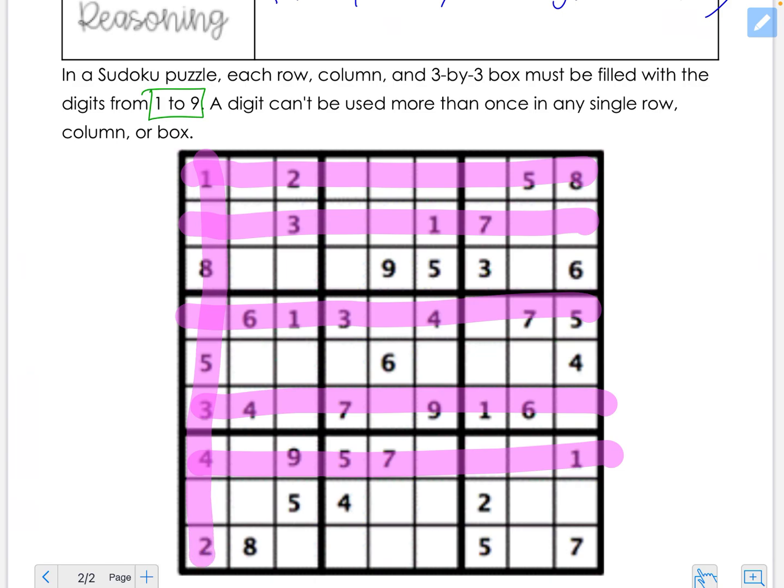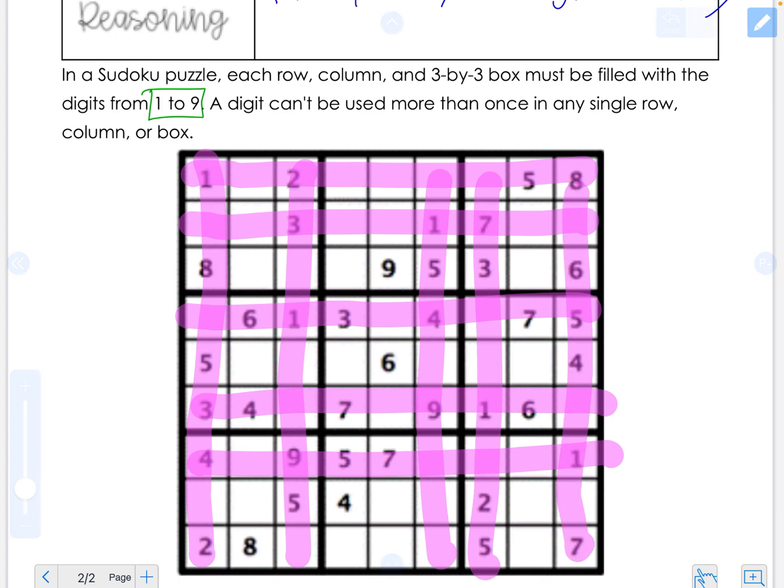I cannot have a 1 there, it cannot go there, it cannot go there, and there. And now I need to look at boxes. So there's already a 1 there, there, and there, and there. And so now I'm left with only a few spots where the number 1 can go.